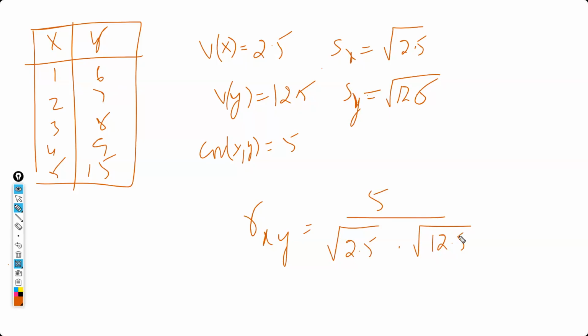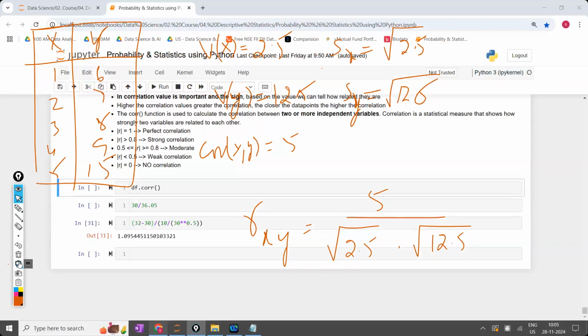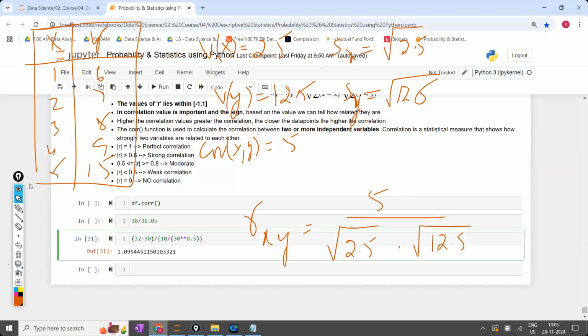Already you calculated all the values, you are just substituting them for the same data set. Now, what value do you get? Here I calculate the square root of 2.5 as 2.5 to the power 0.5, which is power 1 by 2, and similarly for 12.5. Together the denominator is 5.59.